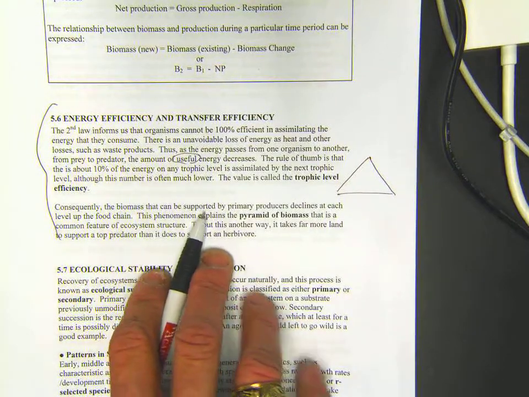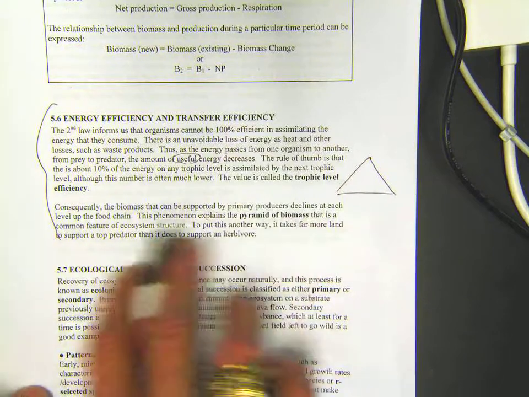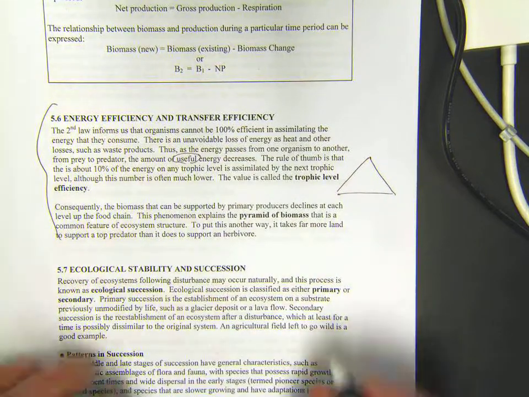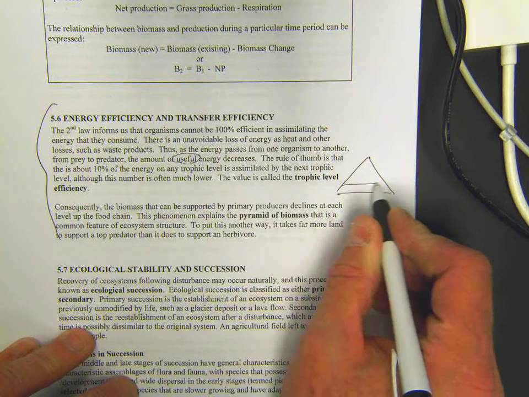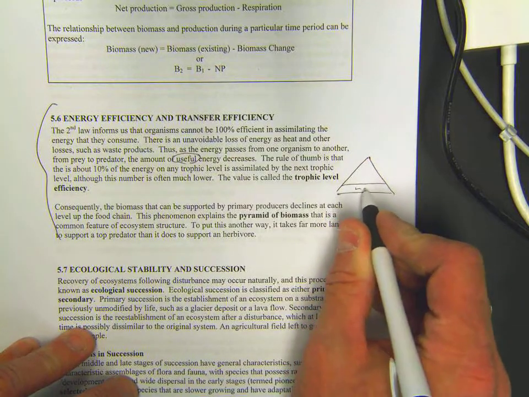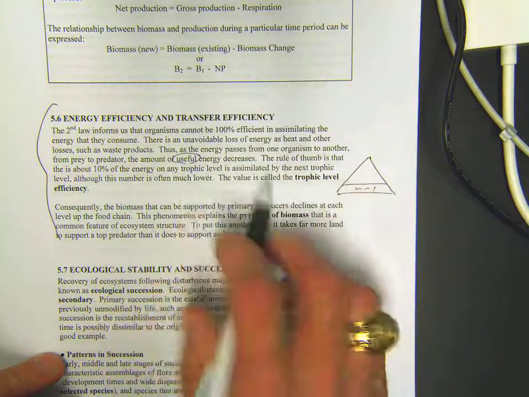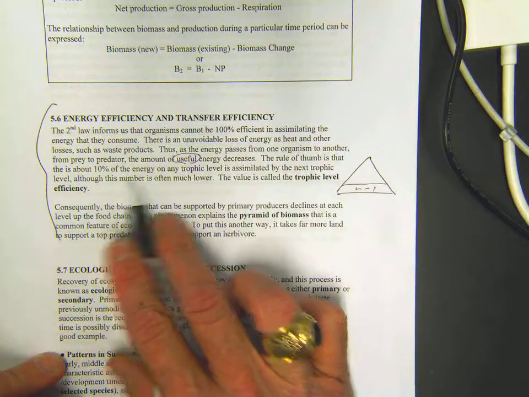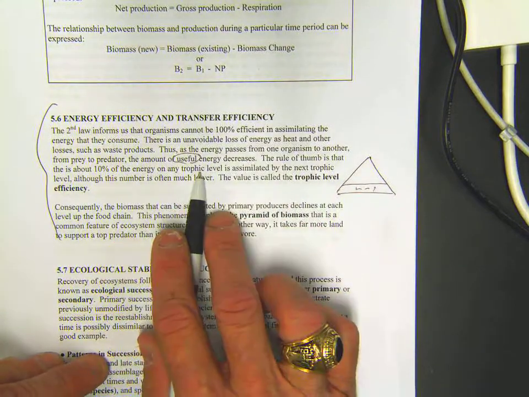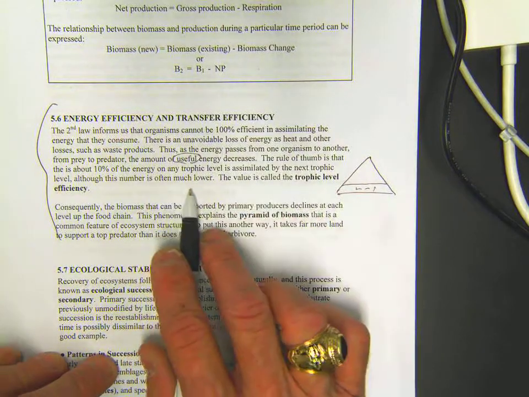Consequently, the biomass that can be supported by primary producers declines at each trophic level up the chain. So in other words, if I start here, this is level 1. As I go up to the second level, the rule of thumb is about 10% of the energy is assimilated by the next trophic level.